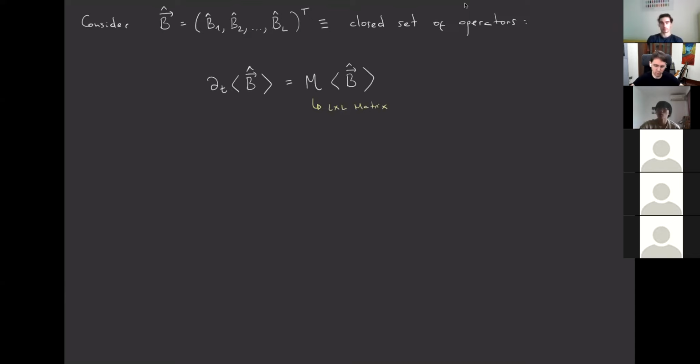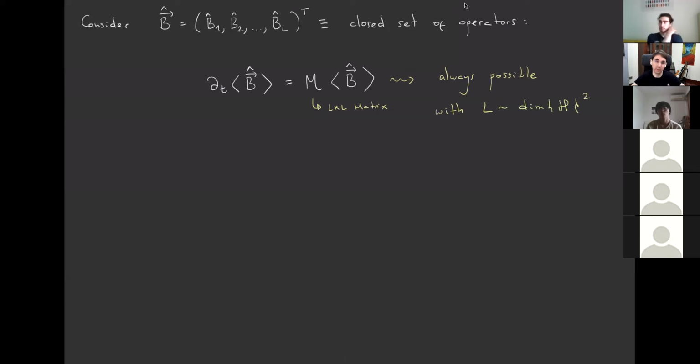Okay, so this is very nice because this means that you can find the evolution of the expectation value of these operators just by solving a simple linear system. And maybe this looks a bit specific, but actually this is always possible. So you can always do this, in the worst case, with a number of operators that is on the order of the square of the Hilbert space dimension.